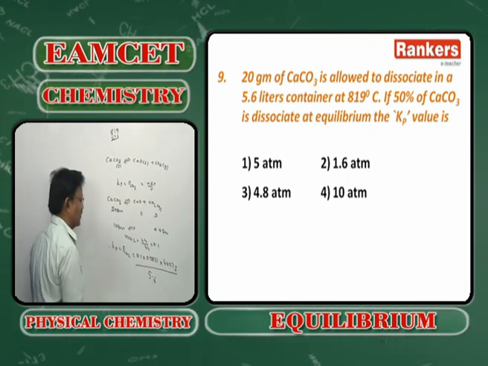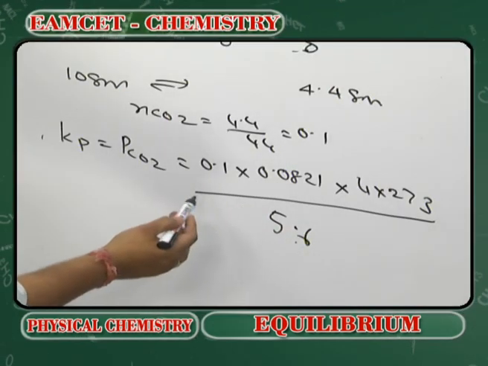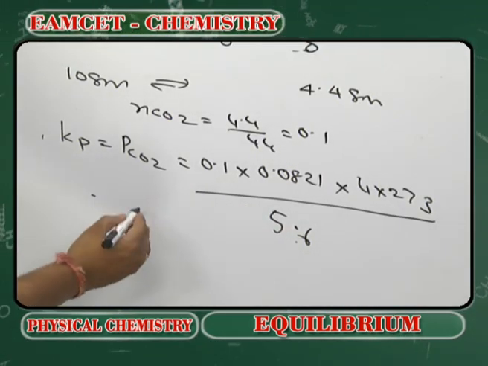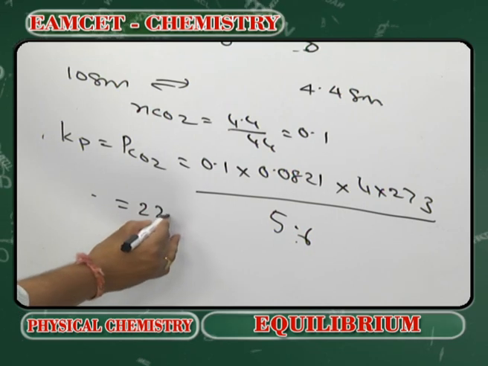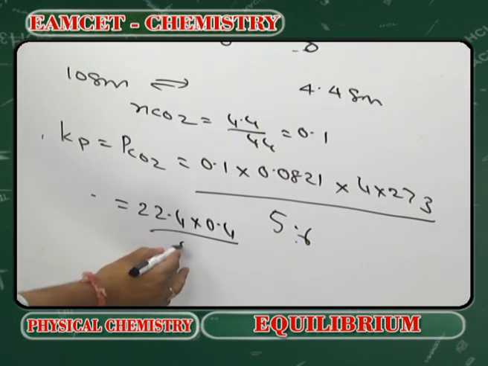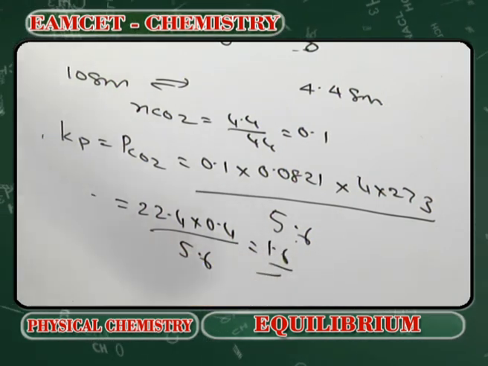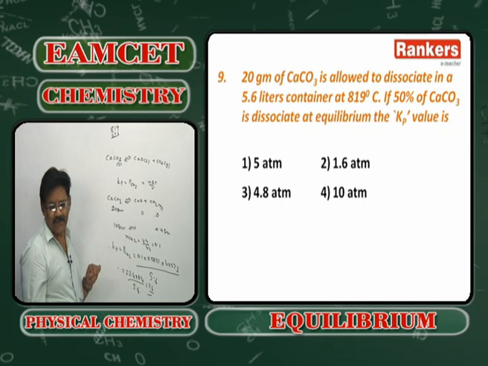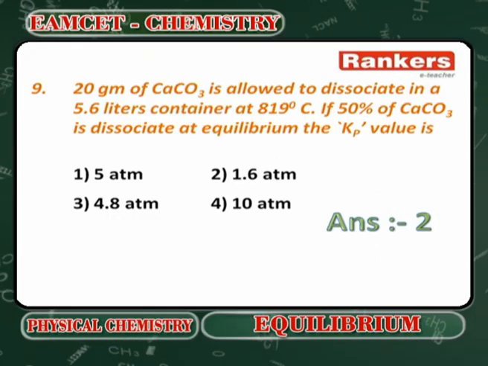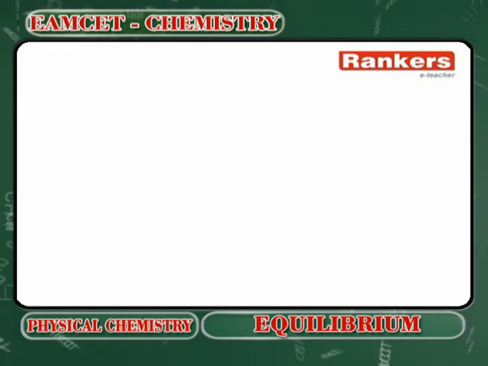So this will come to 22.4 into 0.4 by 5.6, which is around 1.6. Option 2 is the answer. Next question.